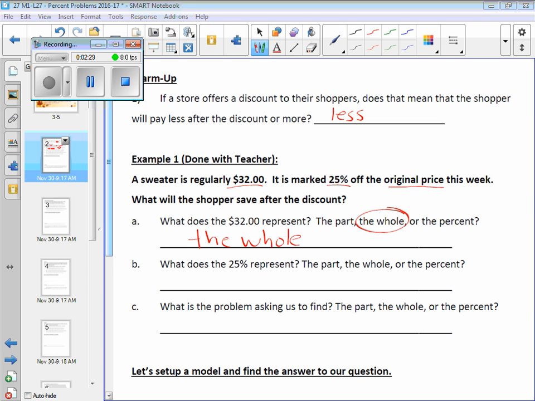Right, percent. If you see a percent sign, don't read into it more than you need to. It's the percent. Therefore, what are we trying to find? Correct. Now I'm going to introduce you to something new.